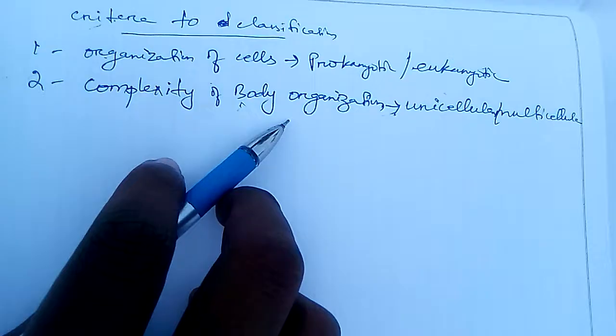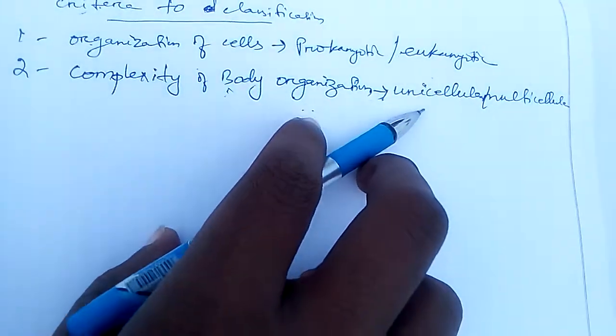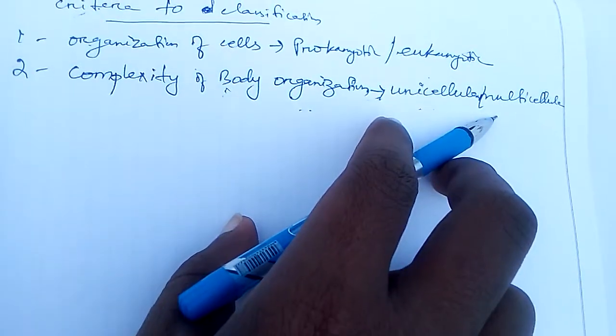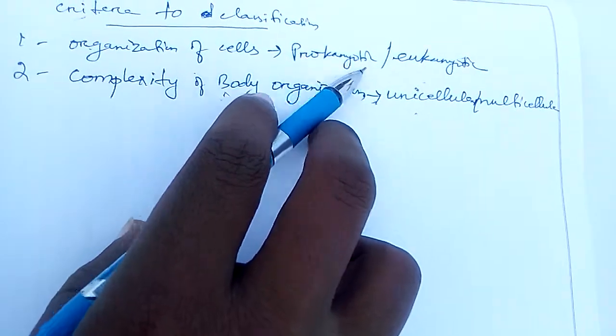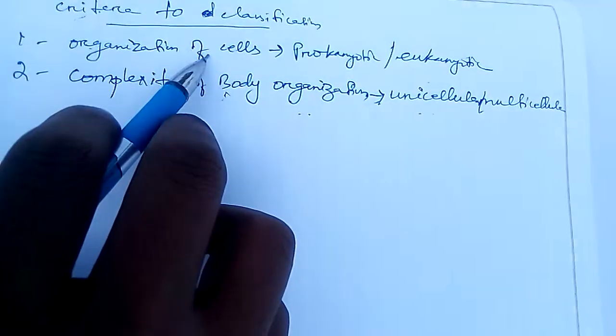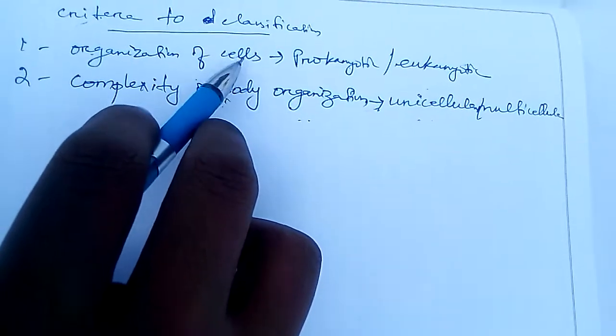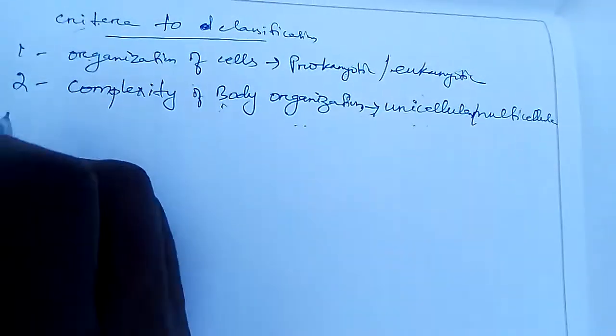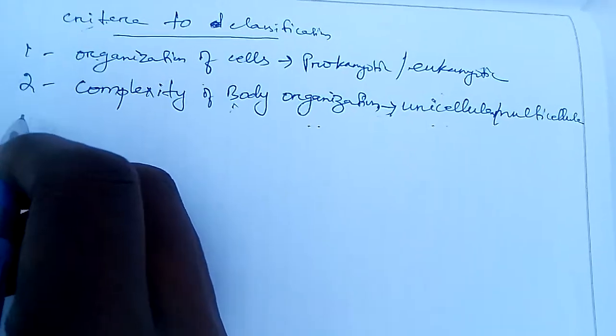Complexity of body organization refers to whether the organism is unicellular or multicellular. So these are some criteria through which he classified the organisms into five kingdoms.